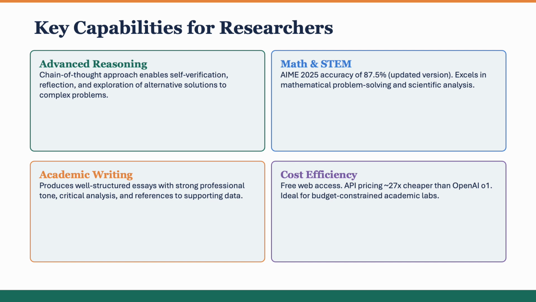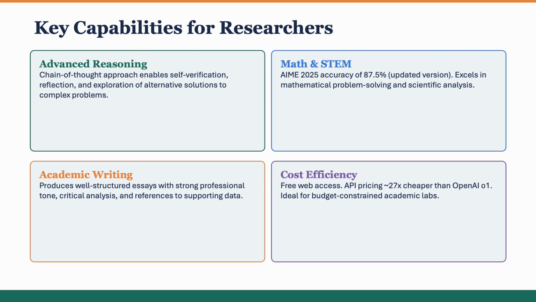Second, mathematical and scientific problem solving. The benchmarks from the paper show 97.3% accuracy on Math 500 and 79.8% on AIME 2024, which are competitive with OpenAI's O1 model. Third, academic writing support. The model excels at structuring arguments, drafting literature reviews, and organizing complex research into coherent narratives.